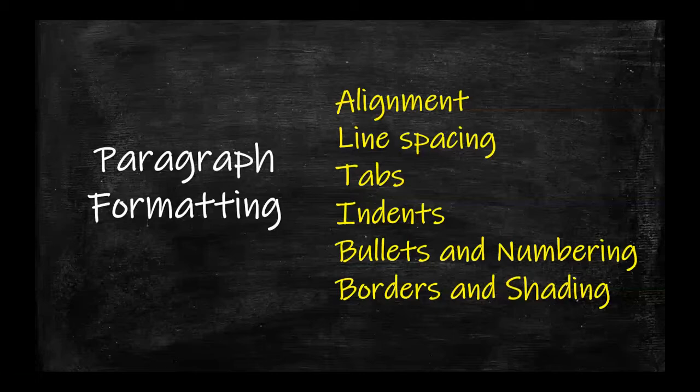Another tool that we will be using in formatting our paragraph is the line spacing, the space in between the lines of our document. Then we will be having the tabs, indents, bullets and numbering, and the borders and shading. We are going to run through these tools one by one so that we will be able to experience firsthand how to use them when we do our document.